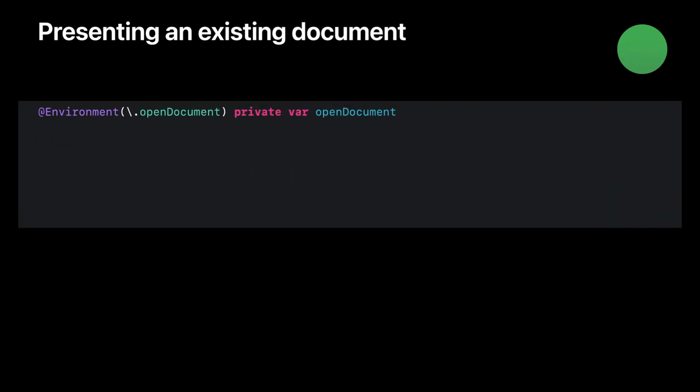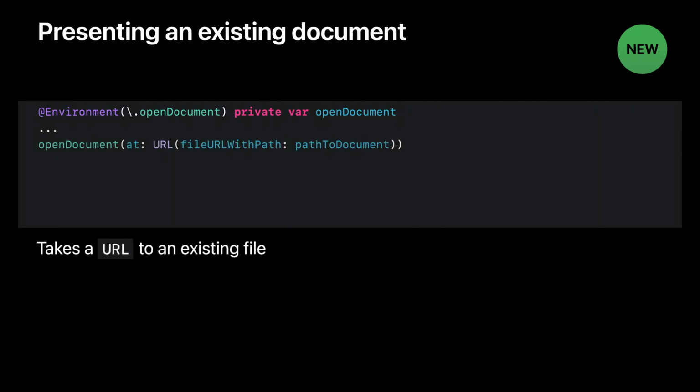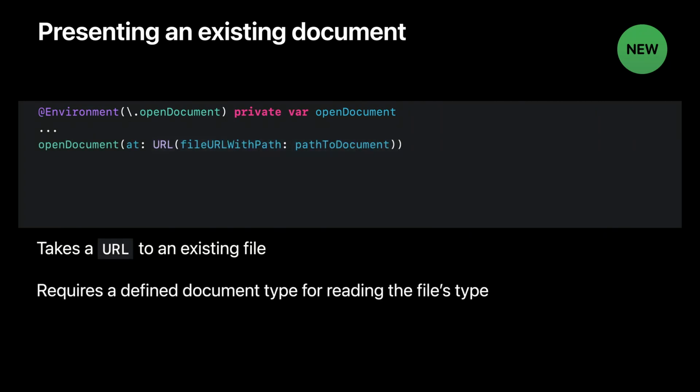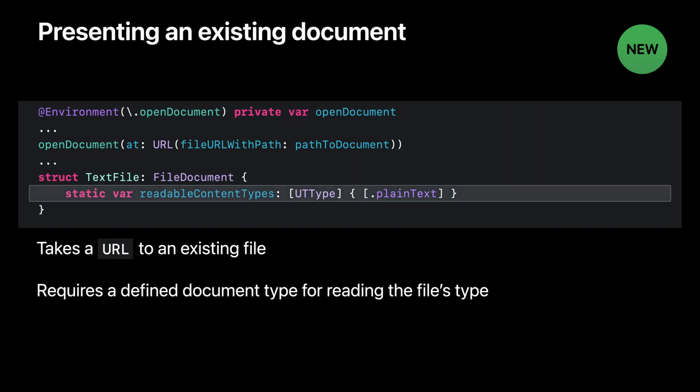For presenting document windows where the contents are provided by an existing file on disk, there is the Open Document action. This action takes a URL to the file you wish to open. Your app must define a document group for the presenting window, and the document type for that group must allow for reading the type of the file at the provided URL.